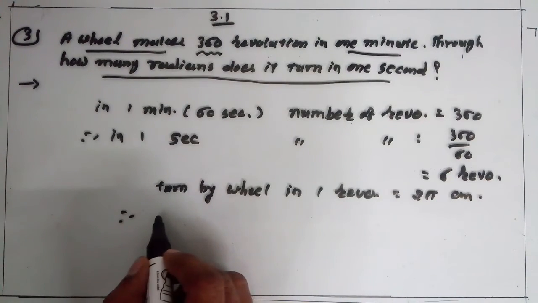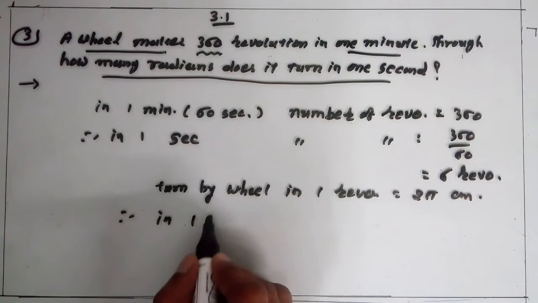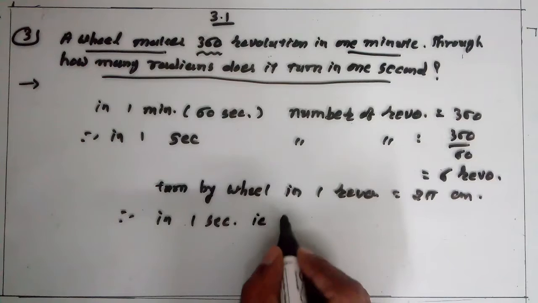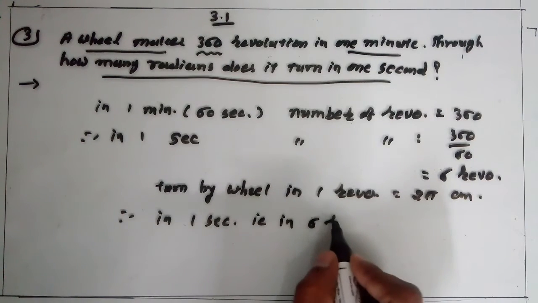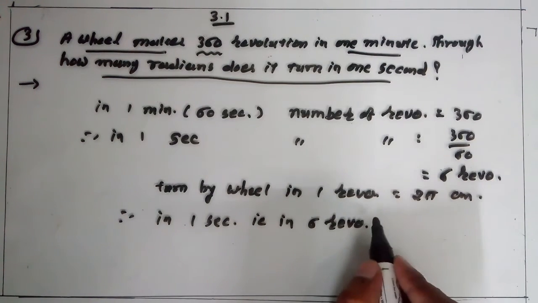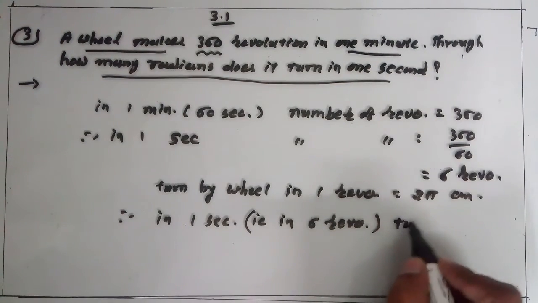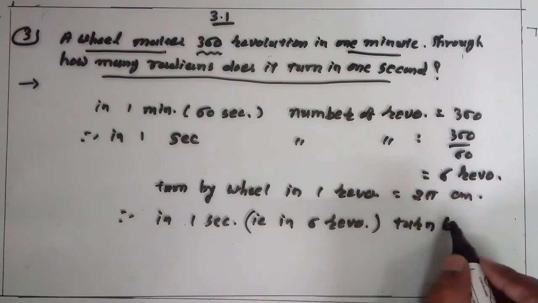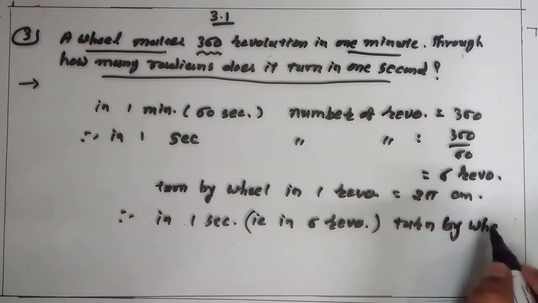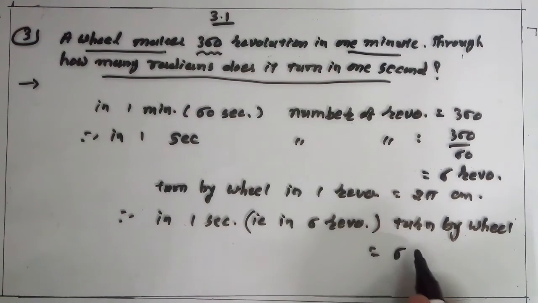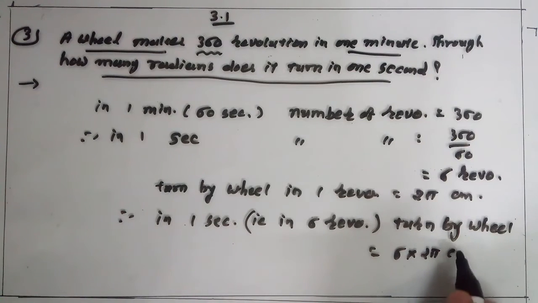Therefore, in 1 second, that is in 6 revolutions, the turn by the wheel is equal to 6 into 2 pi, that is 12 pi. Please note this.